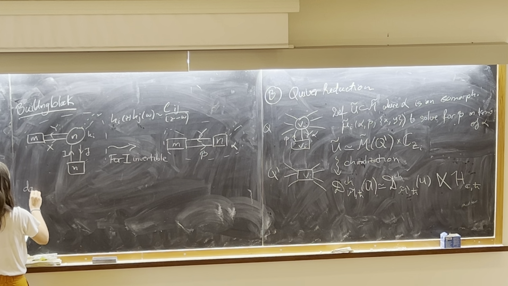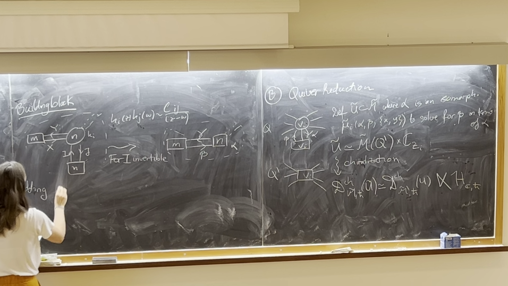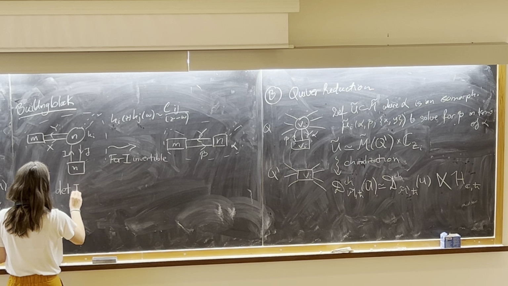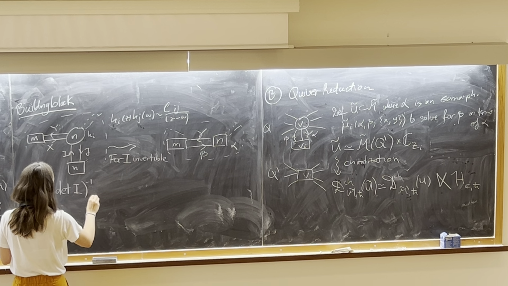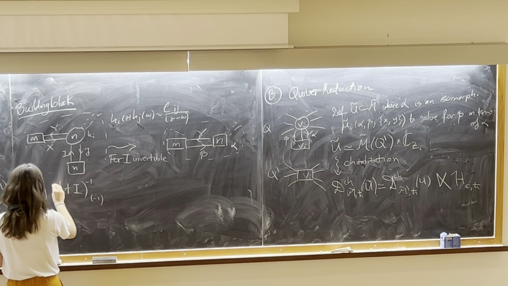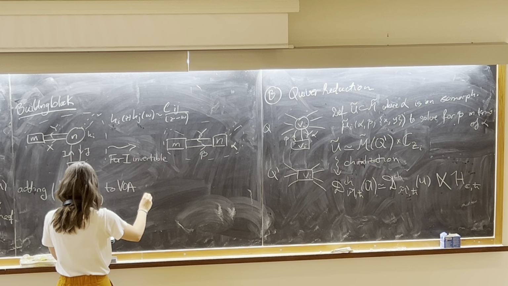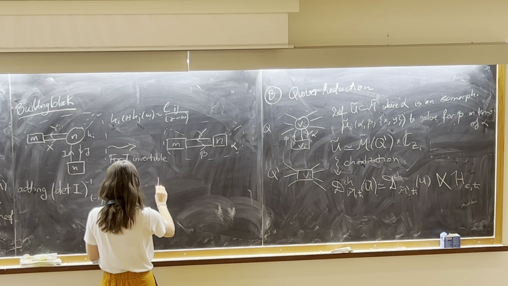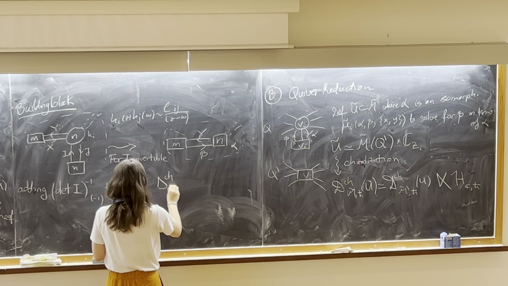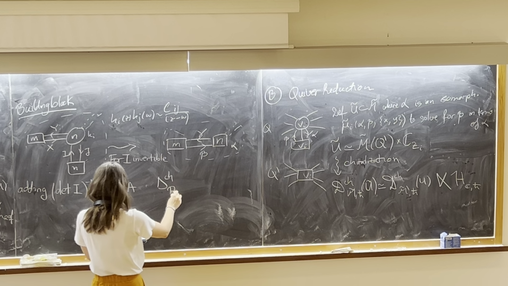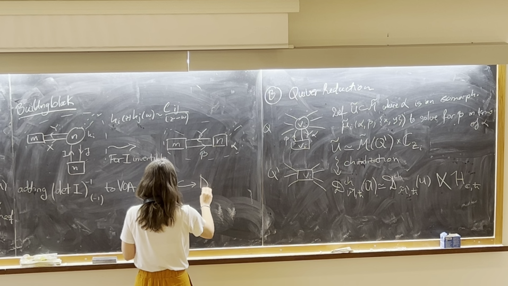So, adding the determinant of this field, well, the inverse, and then the -1 mode to the VOA, we have an embedding of the chiral vertex operator algebra into an extended one.